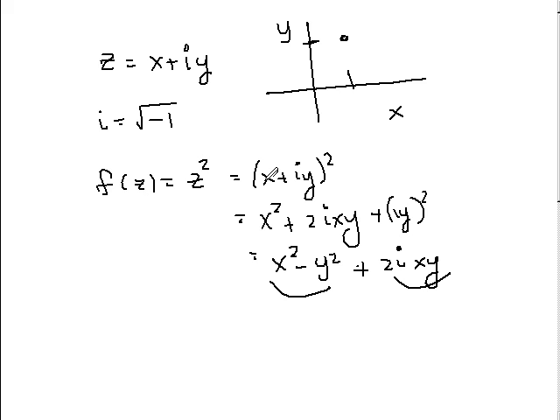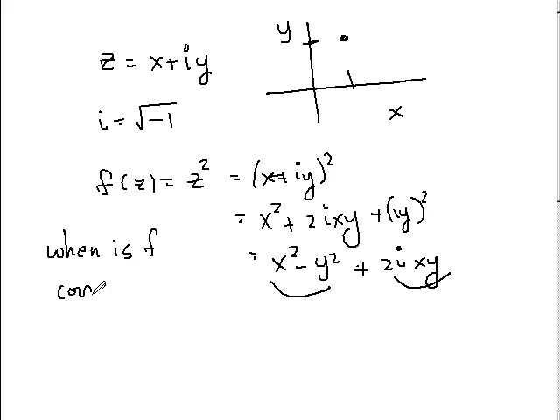Now the question is when is a function of a complex variable, and this is a function of two variables, x and y, when is it continuous, when is it differentiable, etc. And that leads into a lot of questions that we'll discuss later on in the course for complex variables and analytic functions. So when is f continuous?